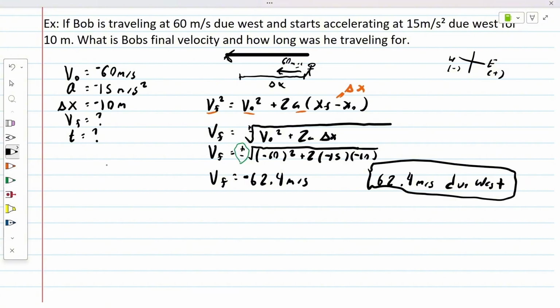Vf equals V naught plus at, and we want to solve for t. So we subtract: Vf minus V naught equals at, and solving for t, t is equal to Vf minus V naught over acceleration.